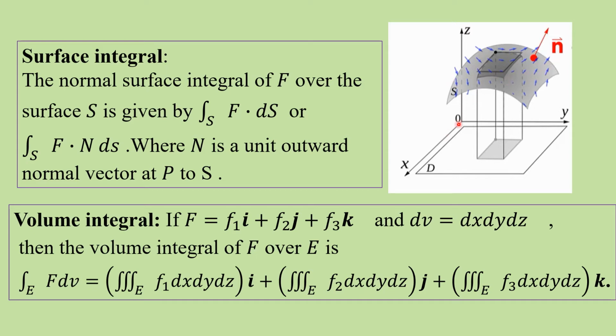If suppose your surface is on the xy plane, then the unit vector normal to the surface is along the direction of the z axis. So the unit vector normal to this surface, the xy plane, is nothing but k. Correct?